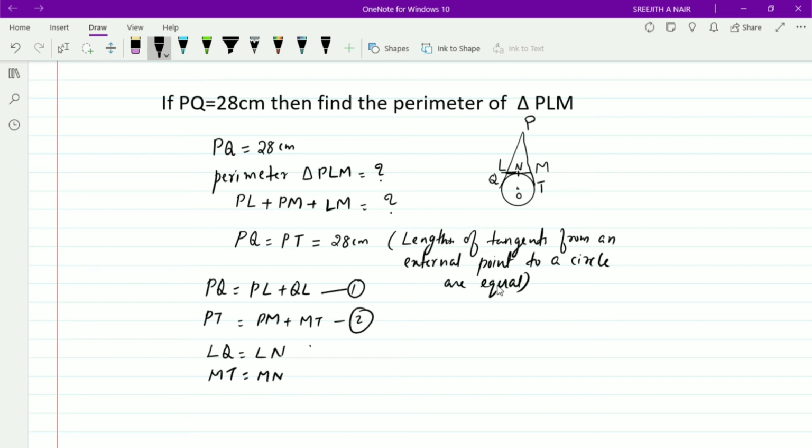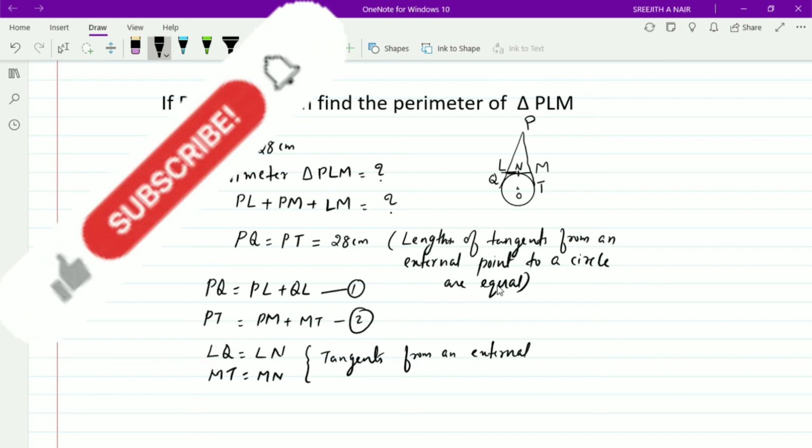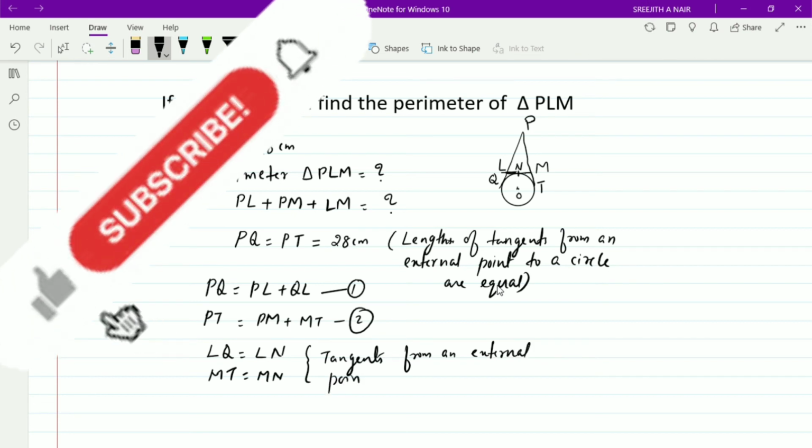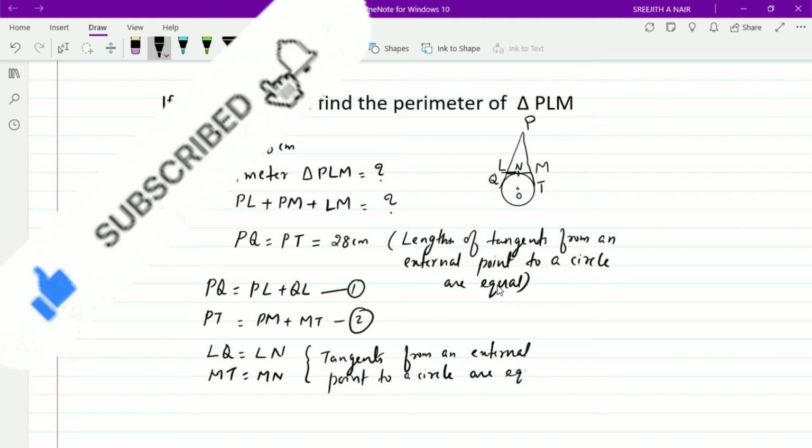So this also, the reason you have to write: tangents from an external point to a circle are equal in length.